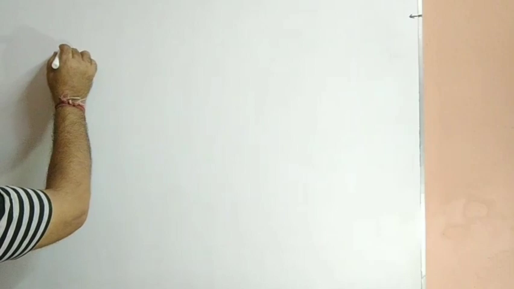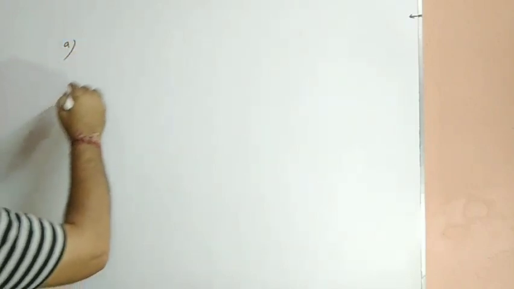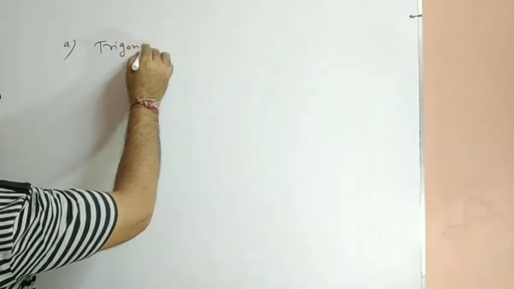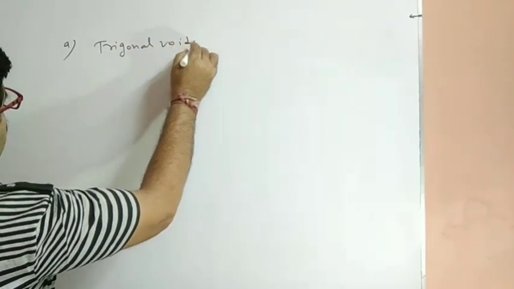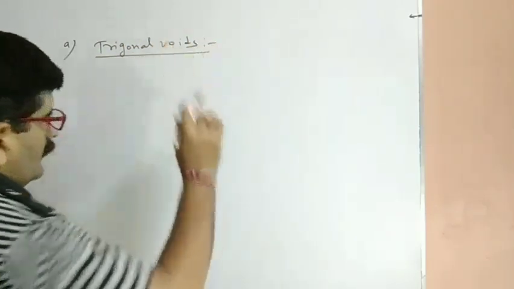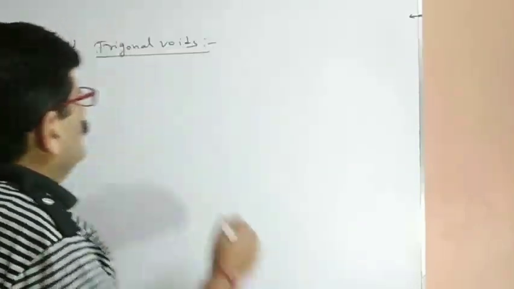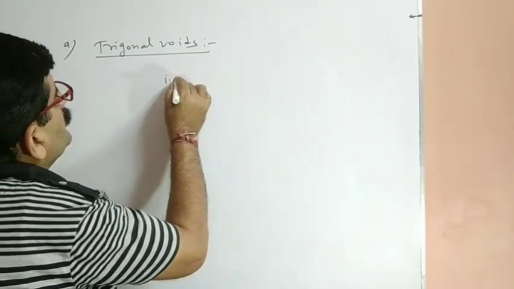Different types of voids. Our first void is called what? Trigonal voids. Trigonal voids are obtained with the help of three circles. Look at this picture.